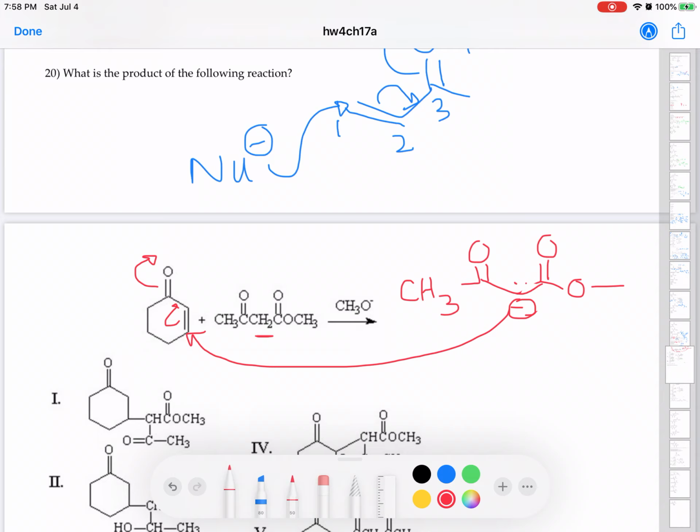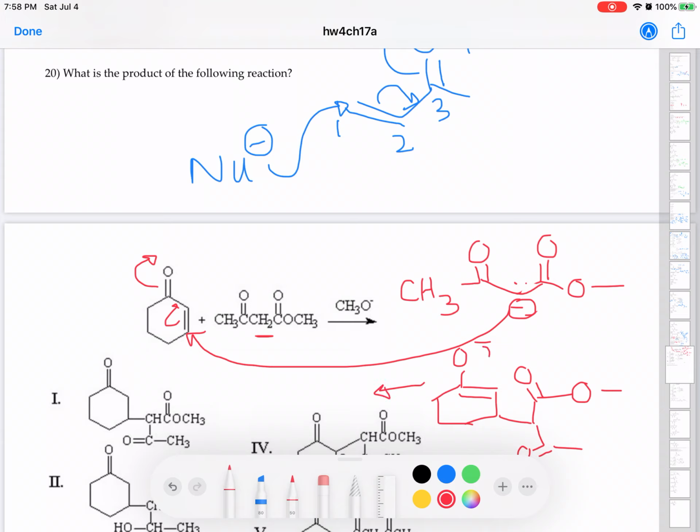So this will make it like this. O minus, a double bond right there. So the carbon will add here to this carbon. OCH3, and from the other side OCH3.